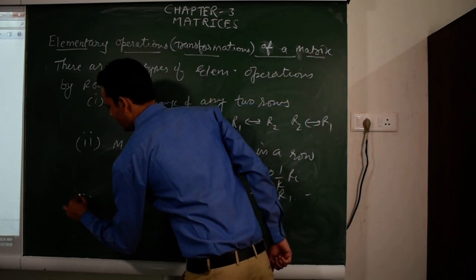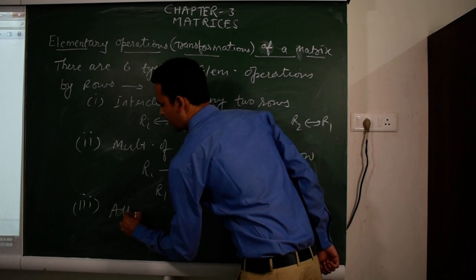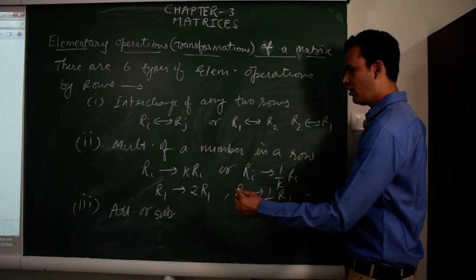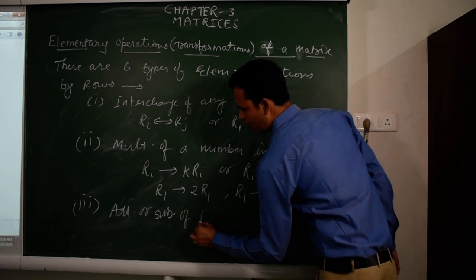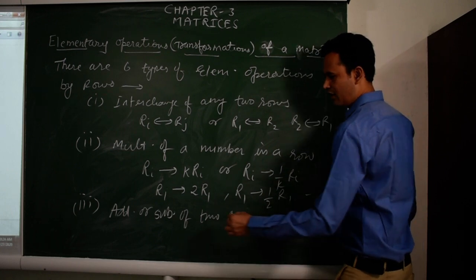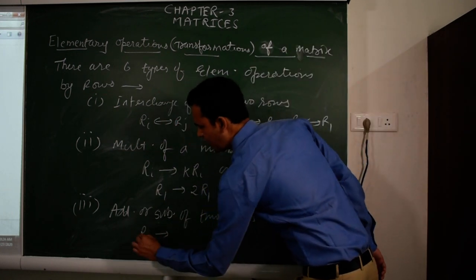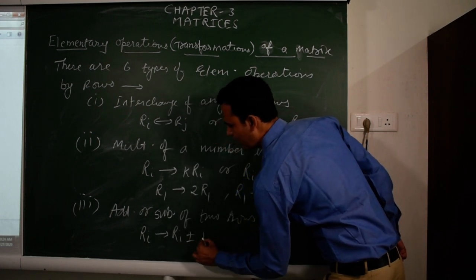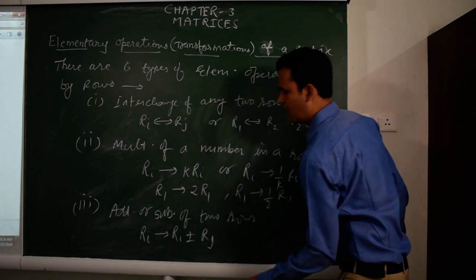Then third, addition or subtraction of two rows. Just like Ri changes to Ri plus or minus Rj.